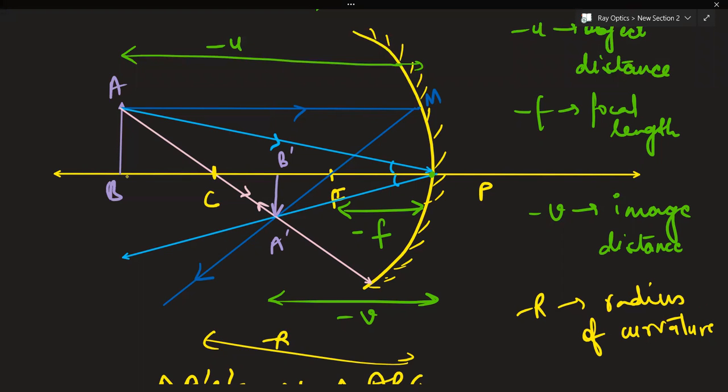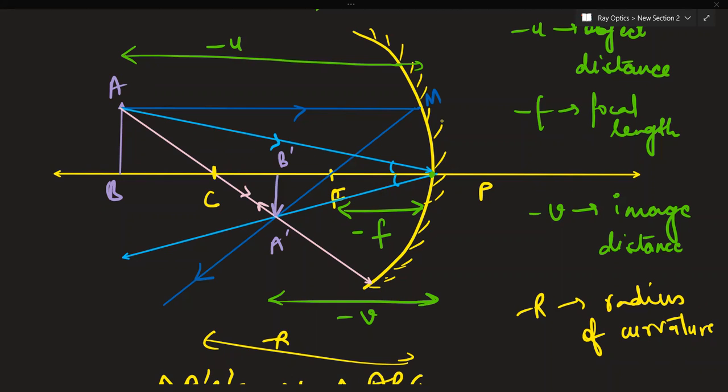Now see, what do we have to find? We have to find this BC. This complete BP is the object distance. If you subtract the radius of curvature, you will get BC. See carefully, guys. Whenever you're not able to understand, stop me, I'll repeat it. BP is the complete object distance. This is the object, this is the pole.